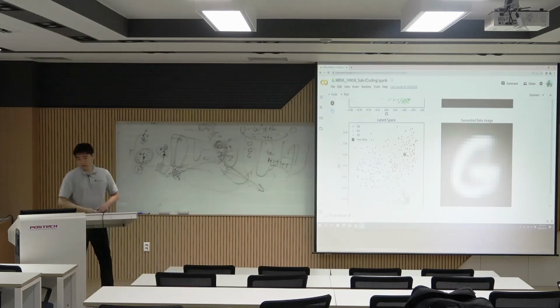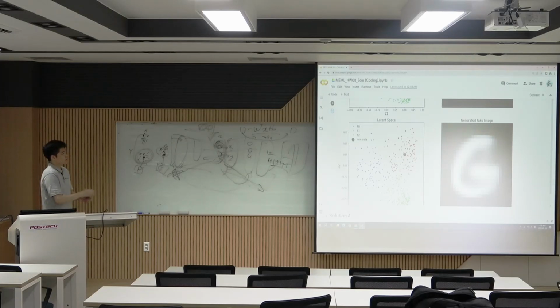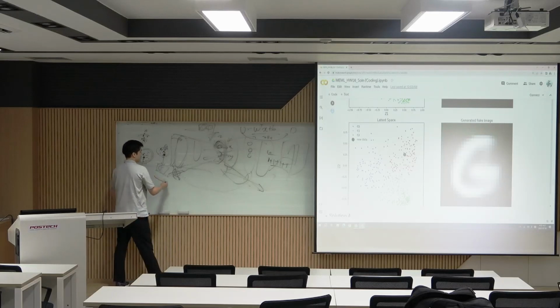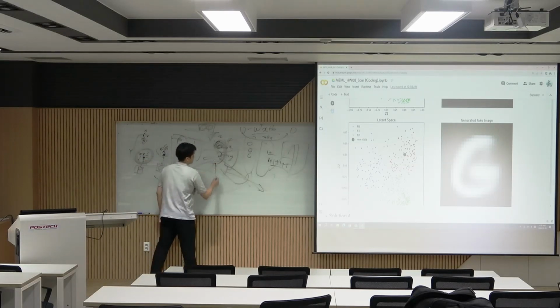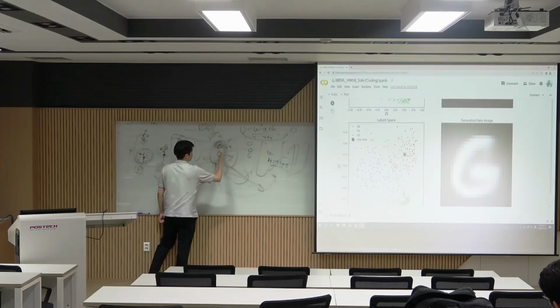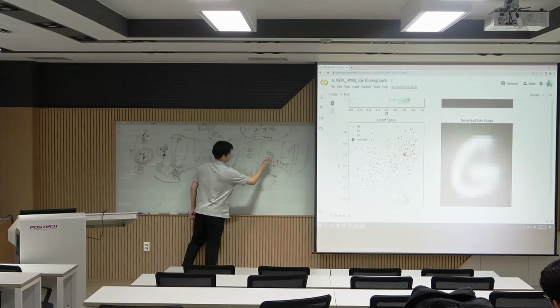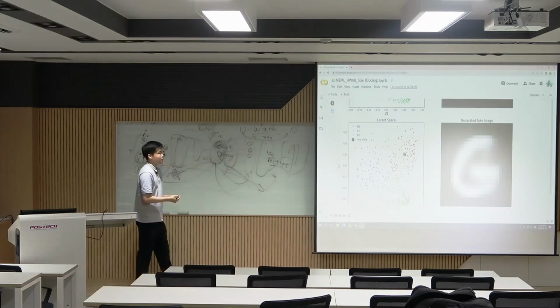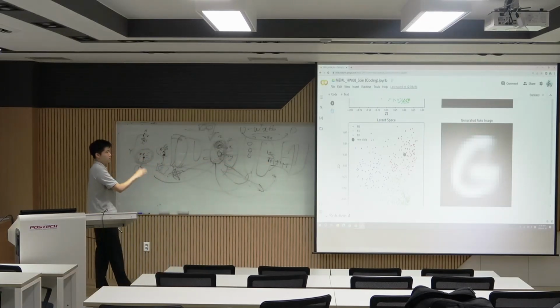So autoencoders, as you can see, are for dimensionality reduction and for dimensionality expansion. However, in the dimensionality reduction part, you may choose a random point so that you can generate a new image that was not included in the data but generated by the autoencoder.